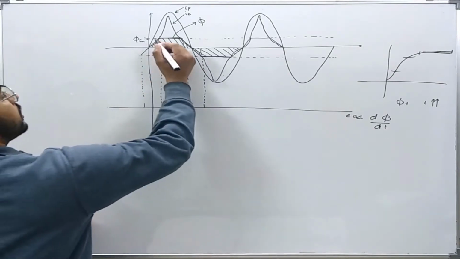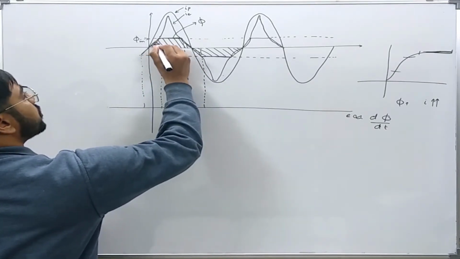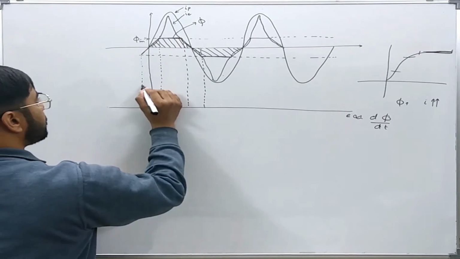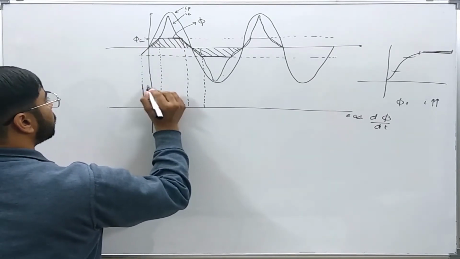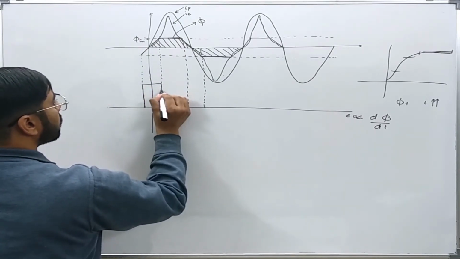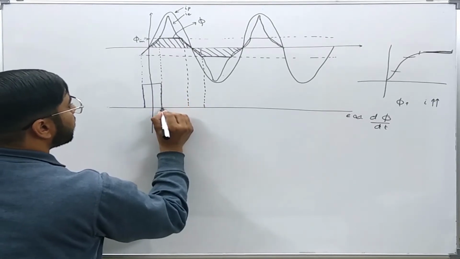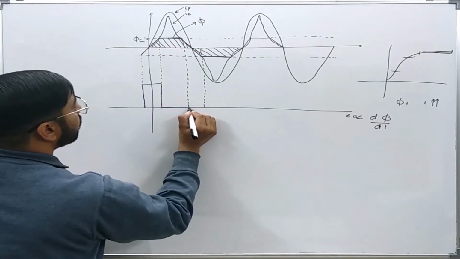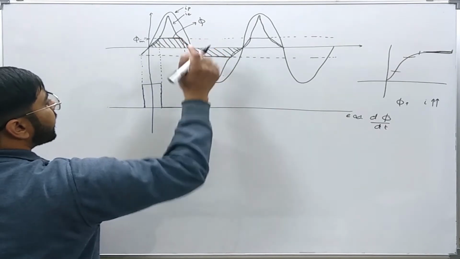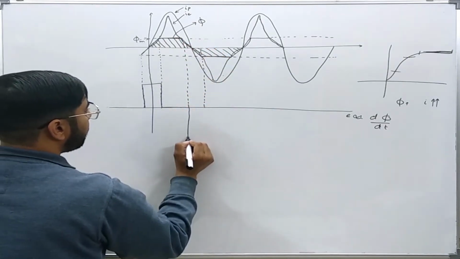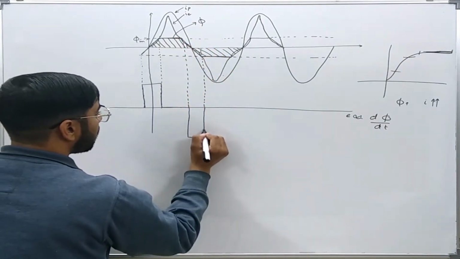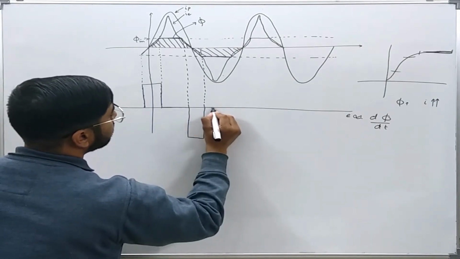Now here the differentiation will be positive in nature, so the induced EMF will be positive. Then here it will be zero. Now here the differentiation will be negative, so the induced EMF will be negative like this.